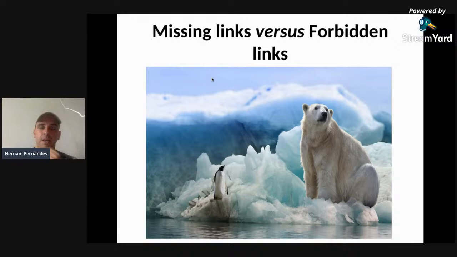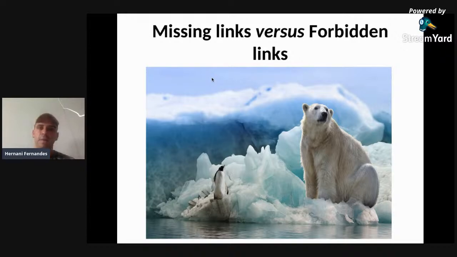What we call a forbidden link is an interaction that will never happen simply because both species never co-occur in the same place or at the same time. But when you have these rare interactions, it's very hard to tell sometimes if this is a missing link or a forbidden link.